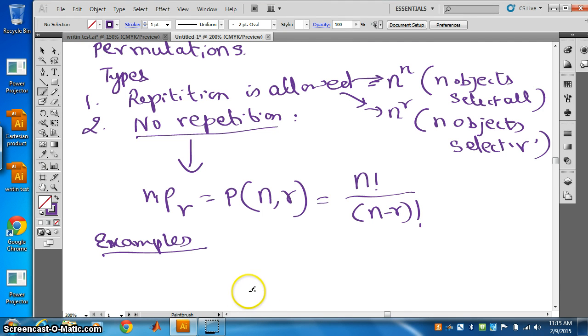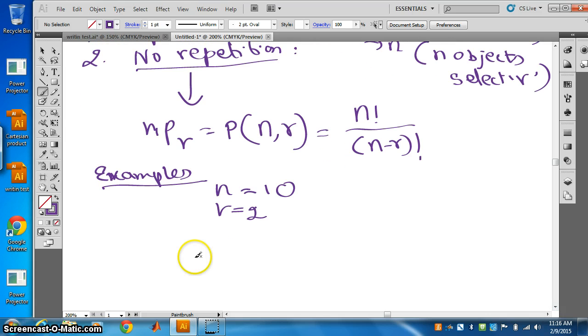How many ways can first and second place be awarded to 10 people? Here n is 10, and the number of places r is 2. In this case there will be no repetition. So the rule is 10P2, nPr, where n is 10 and r is 2.